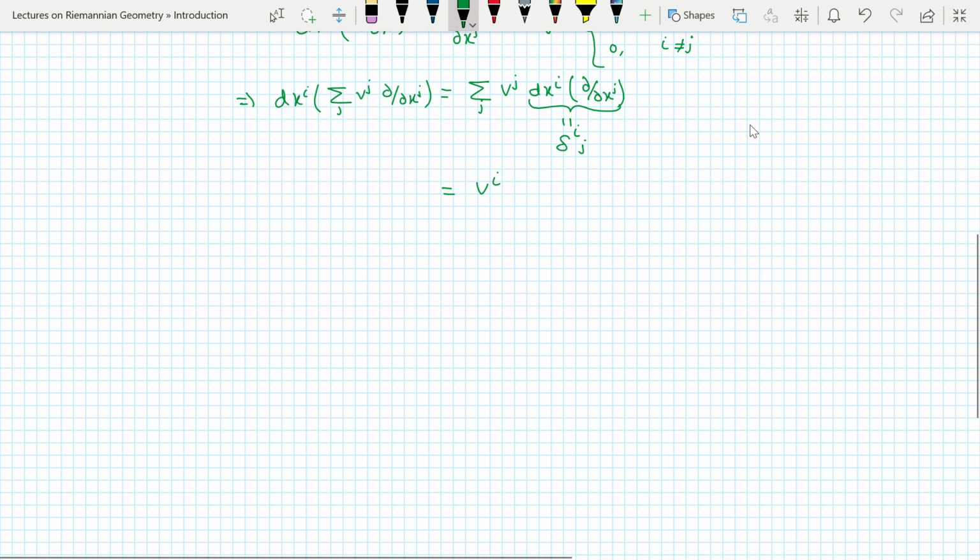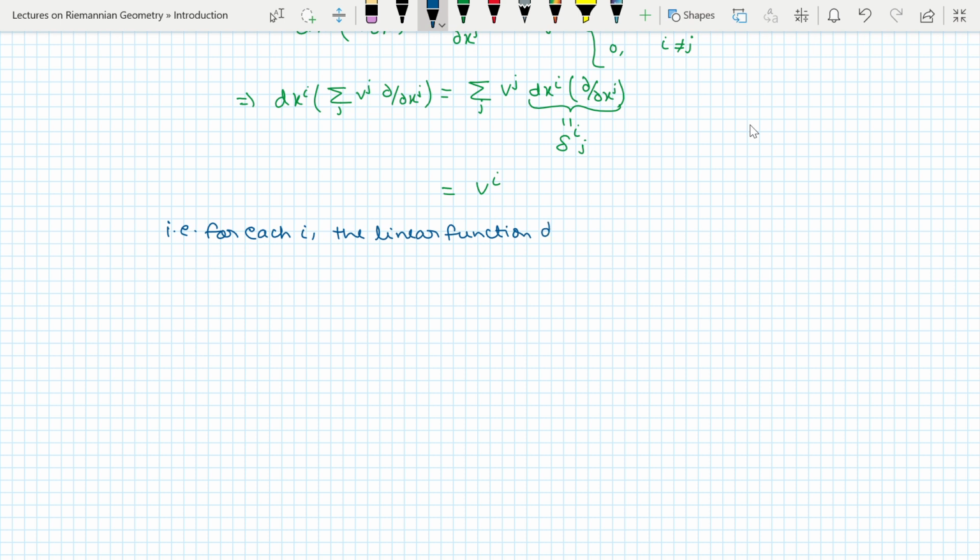So that is, for each i, the linear function dxi reads off the ith component of any vector v.